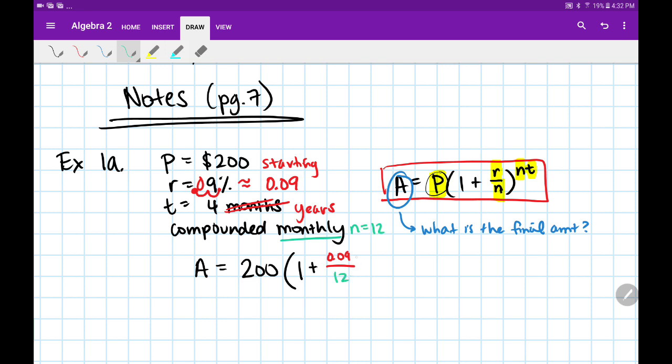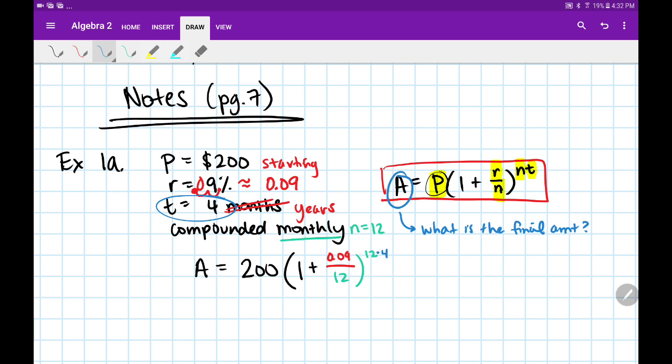So 12 is in my denominator. Now in the exponent, I need N times T. N I already know is 12. We just discussed that. And then T is how long it's stored in years. So since we changed the question to be 4 years, that means T just equals 4. And they multiply together.